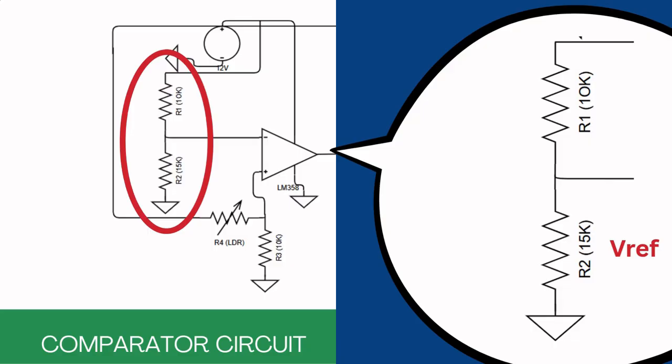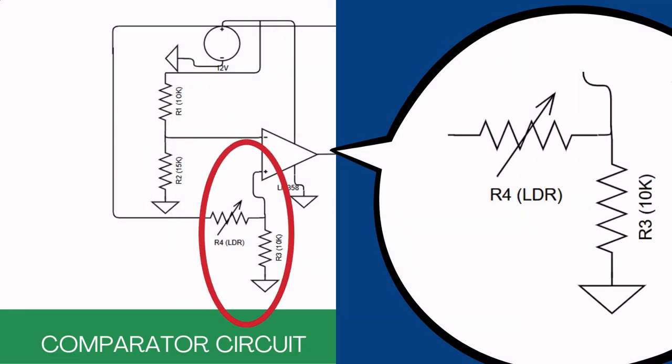This setup creates a voltage divider, and the voltage across R2 serves as the reference voltage of the circuit, which is connected to the inverting input of the op-amp at pin 6. This voltage will not change throughout the whole duration that the device is turned on. That is why it serves as the reference.